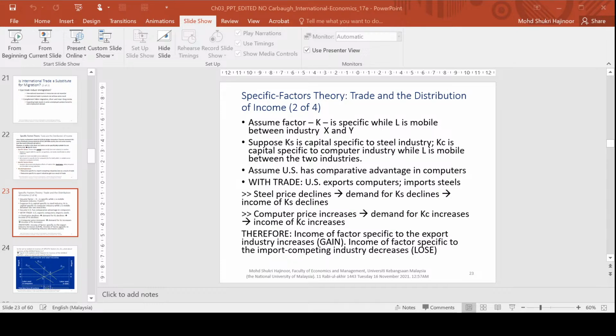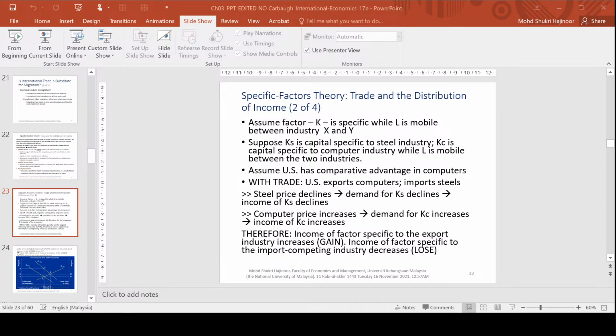We're going to look at the intersection between demand for labor in the steel industry and demand for labor in the computer industry.